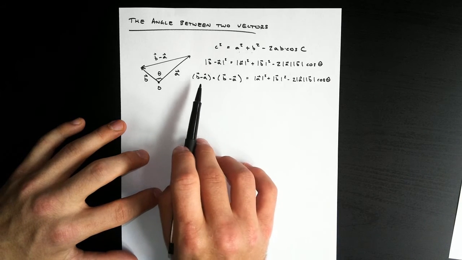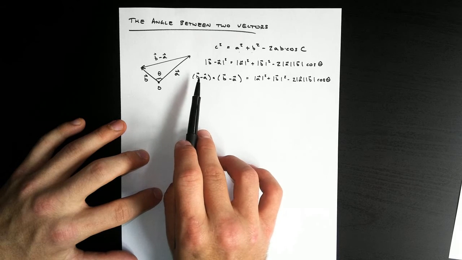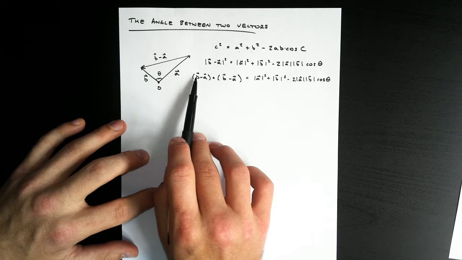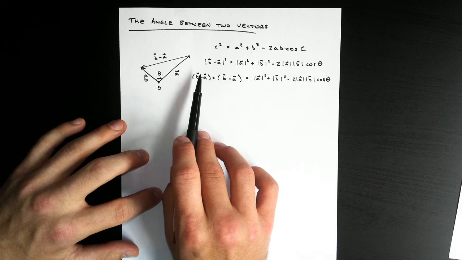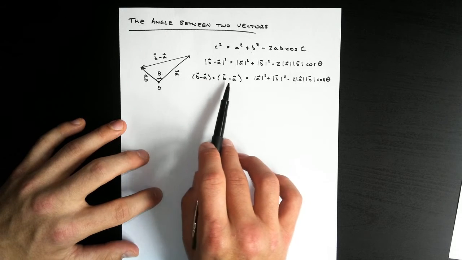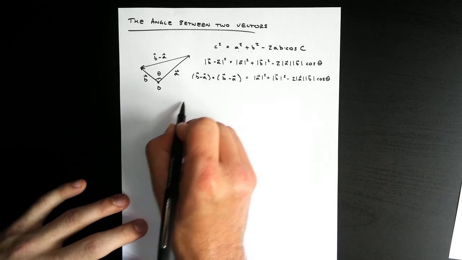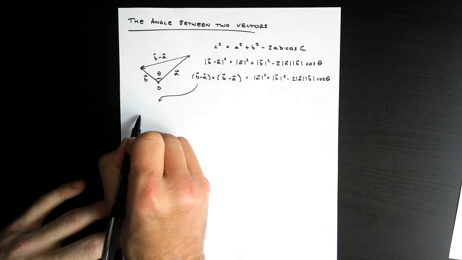All right, now keep going with this left-hand side. The distributive property does hold true for the dot product, so we can distribute all of this. I'm going to move down here so I have enough room.